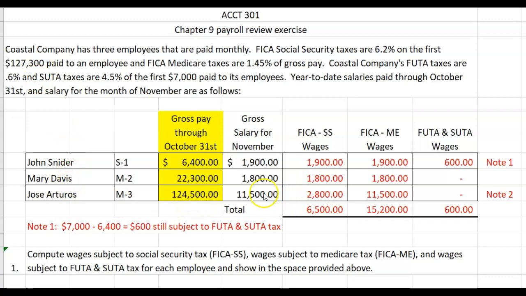So only part of the $11,500 of gross wage for the month of November for Jose is subject to Social Security tax.